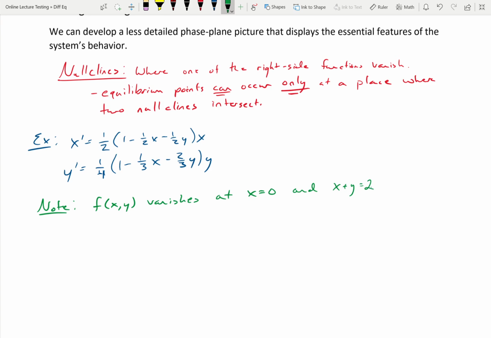So really simple, we just set this interior equal to 0 and solve. And that's where this expression is coming from. Likewise, g of x, y vanishes at y equal to 0, and if we set this interior equal to 0, x plus 2y is equal to 3.